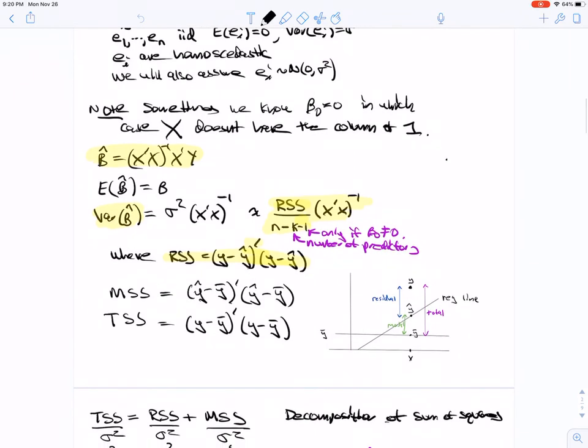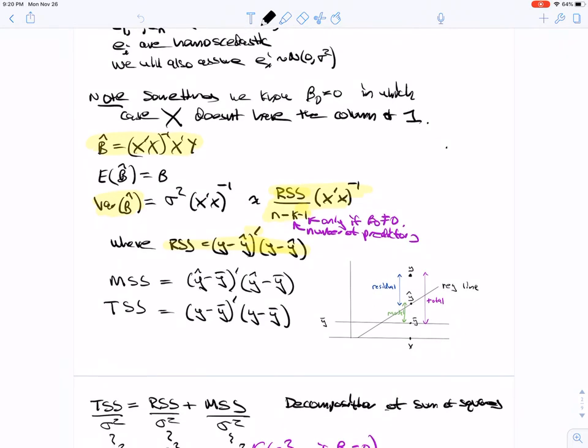So the residual sum of squares is (y minus y hat) transpose times (y minus y hat). And we have some other sums of squares: the model sum of squares, which is (y hat minus y bar) transpose (y hat minus y bar), and the total sum of squares, which is (y minus y bar) transpose (y minus y bar).